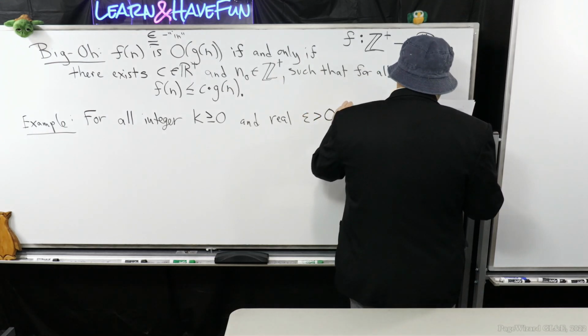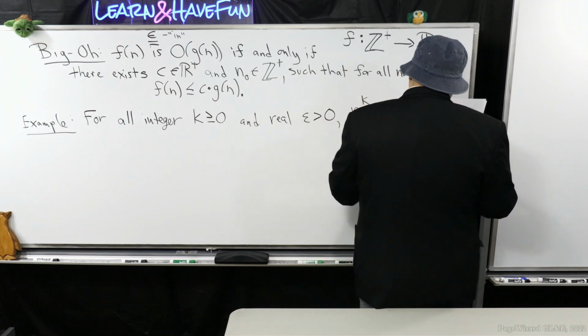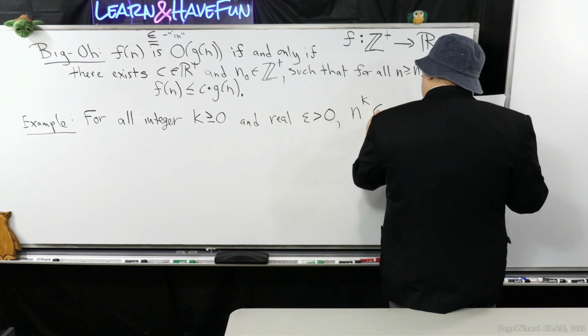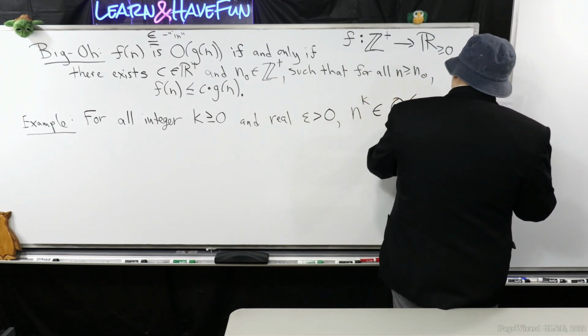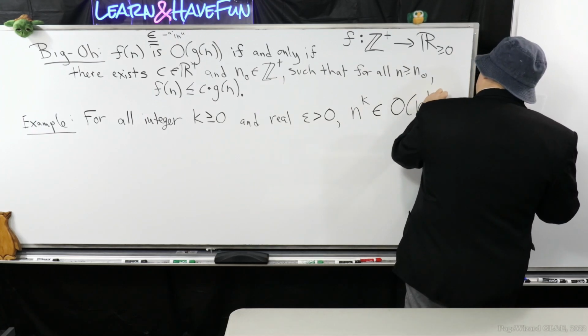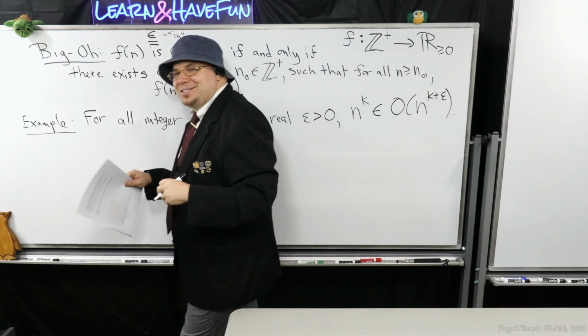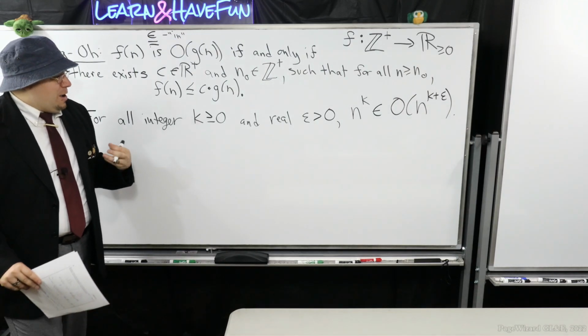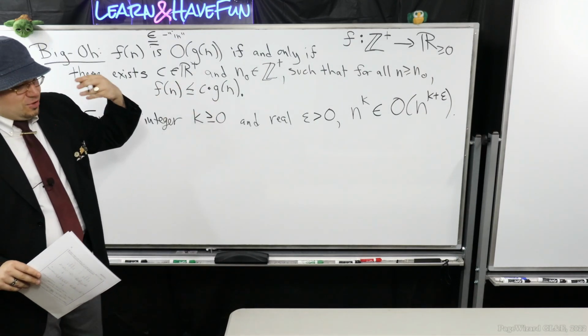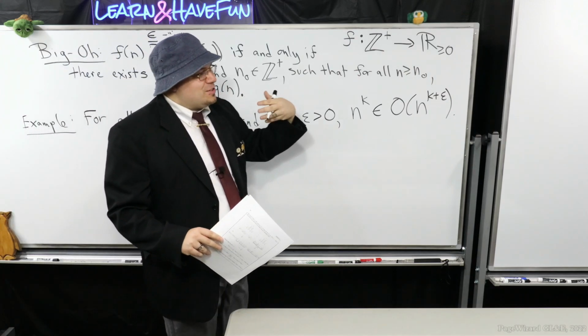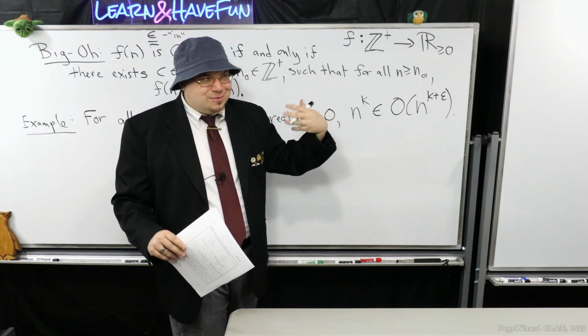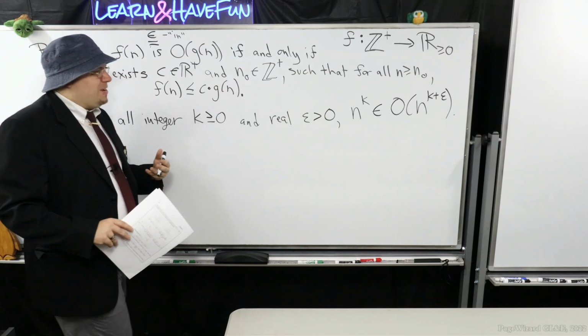Then the claim that we're going to prove is that n to the power of k is big O of n to the power of k plus epsilon. Now you might ask, Dan, why would I need this information? Well, you'd say, it's obvious to me. I'm just using these words deliberately to talk about reasoning here.